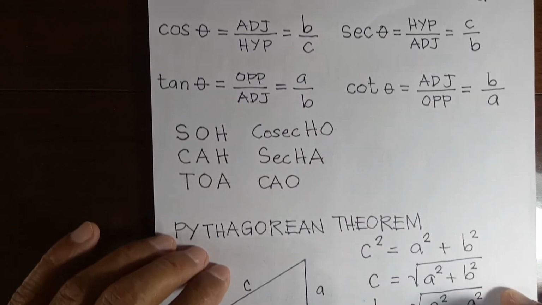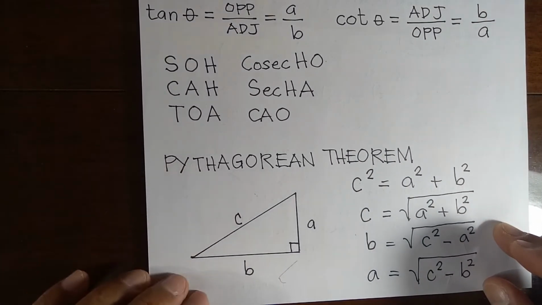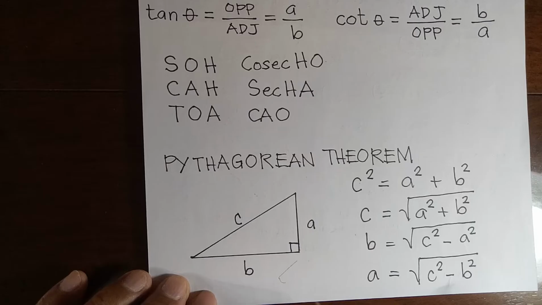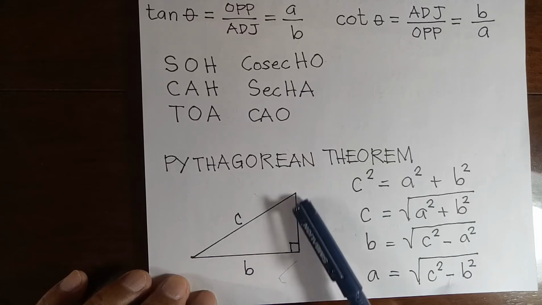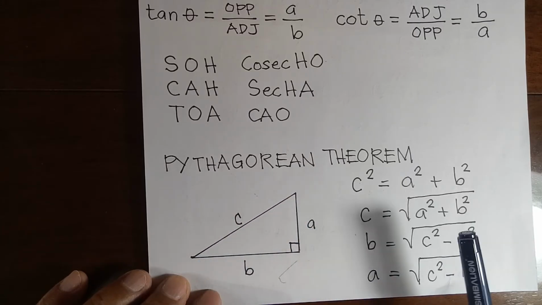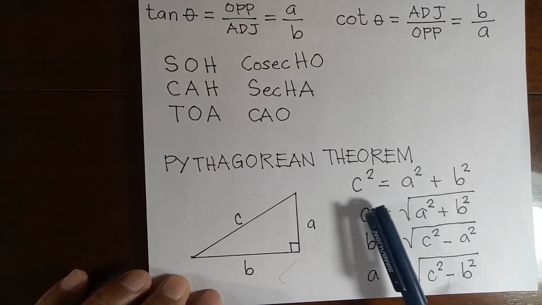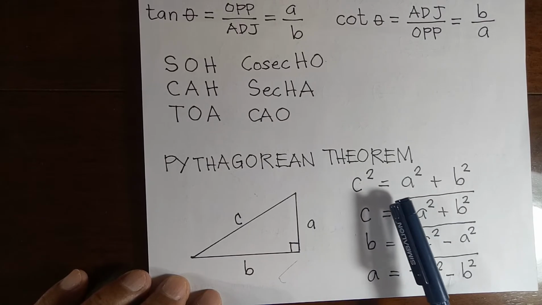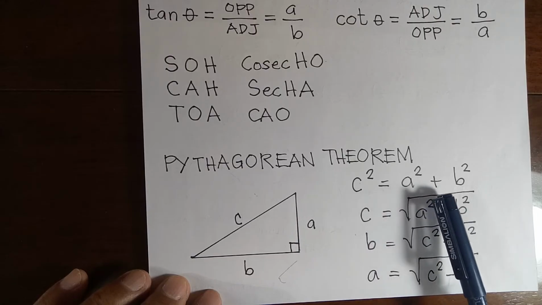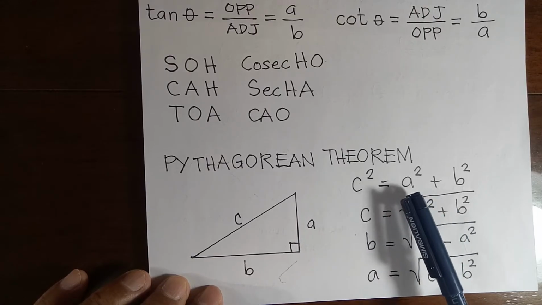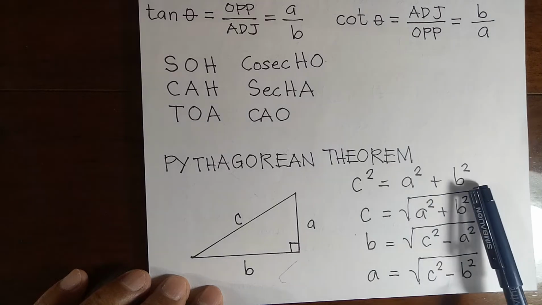Okay, next. The Pythagorean Theorem. So again, let us consider the right triangle ABC, no? So the Pythagorean Theorem states that the square of the hypotenuse equal to the sum of the squares of the other two sides, no? A squared plus B squared.